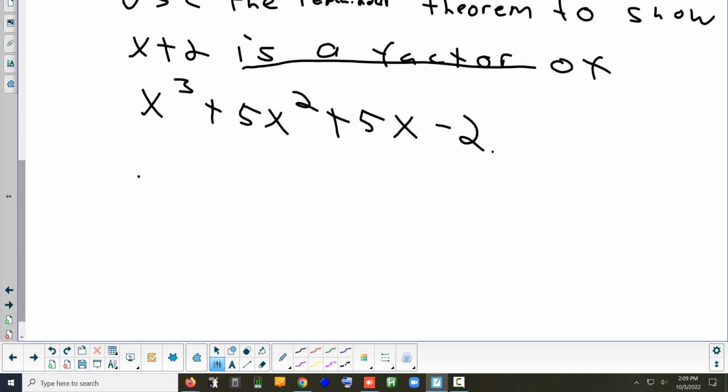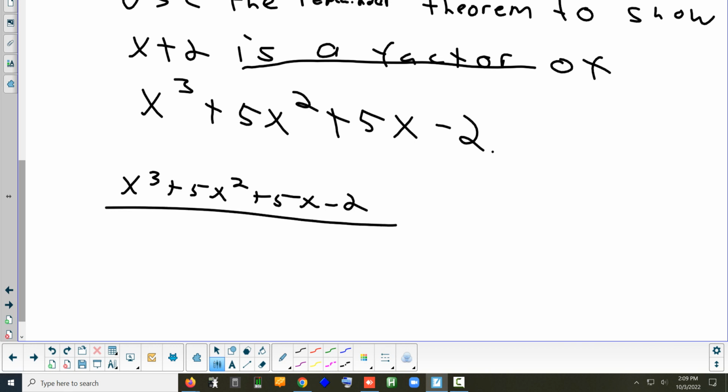So you're dividing x cubed plus 5x squared, all that stuff, by x plus 2. But how can I think of x plus 2 if I'm going to use the remainder theorem? Don't think of it as x plus 2. Think of it as x minus what? x minus negative 2.